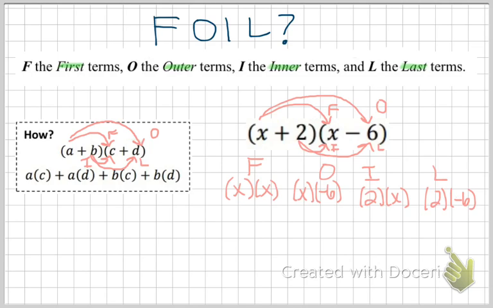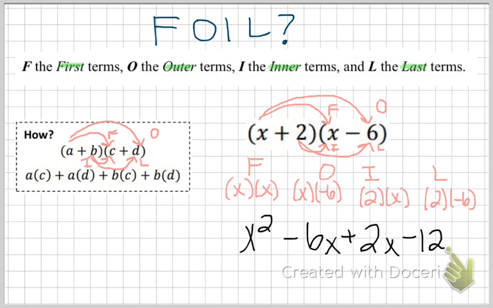So, applying FOIL, we have x times x, which we learned is x squared. x times -6 is just -6x. 2 times x is 2x, but it's a positive, so be sure to put that plus sign. 2 times -6, -12.